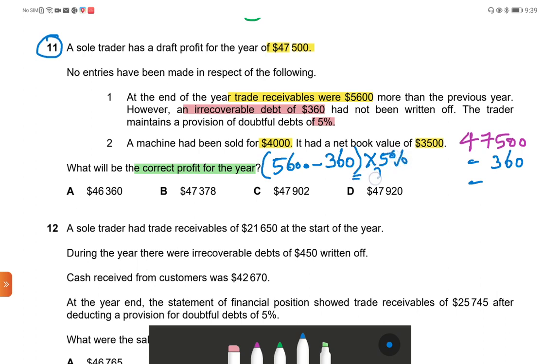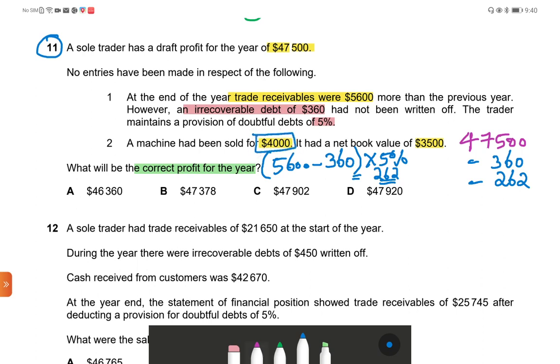It is coming 262. So we deduct 262 provision also. So the total is 622 is the expense, because the expense they forgot to enter means profit is overstated. We have to deduct.